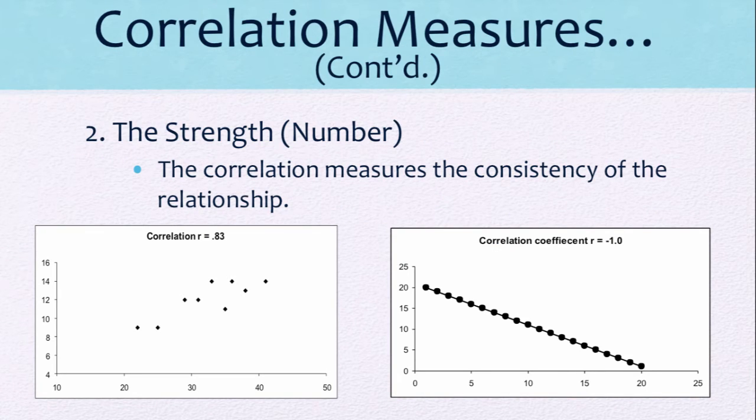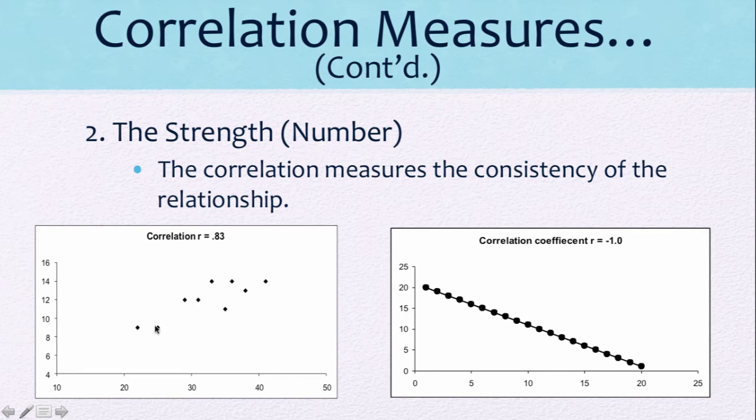And so the second aspect of two variables that the correlation measures is the strength of the relationship between those two variables, which essentially focuses on the consistency of the relationship. With the scatter plot on my left, you see a pretty strong positive correlation between two variables.